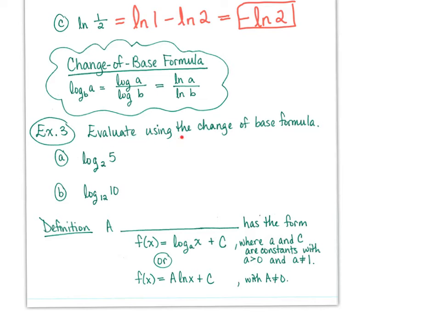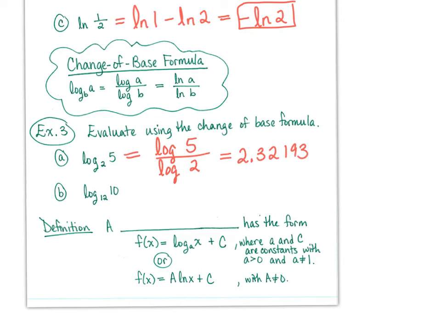So we want to evaluate using the change of base formula, log of 5 base 2. It does not matter which one you use, this one or this one, whichever one makes you happy. Okay, so let's just rewrite this one using the common log. So log of 5, which is an understood base 10, divided by log of 2. And that's going to give us, when you enter it into your calculators, 2.32193.